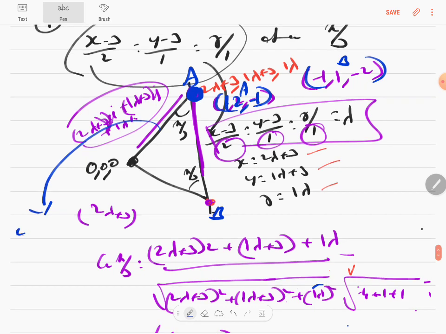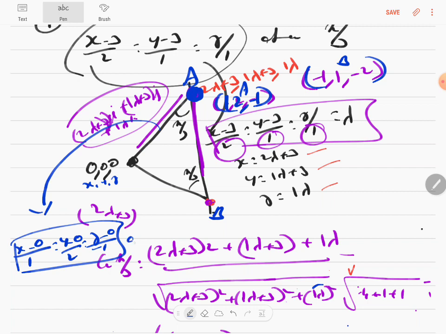So x minus 0 by 1, considering x1 y1 z1 to be 0, y minus 0 by 2 is equal to z minus 0 by minus 1. That's OA's equation.